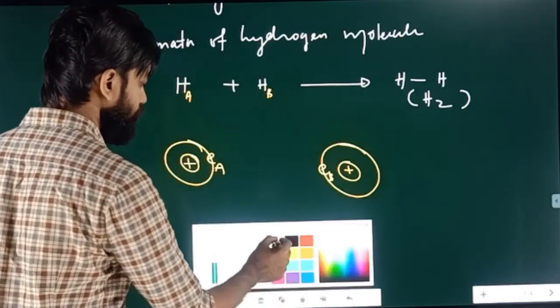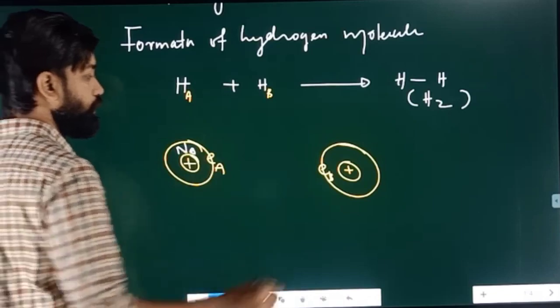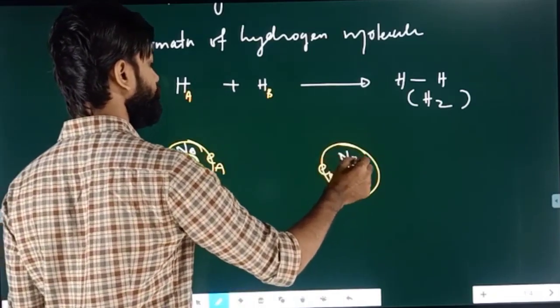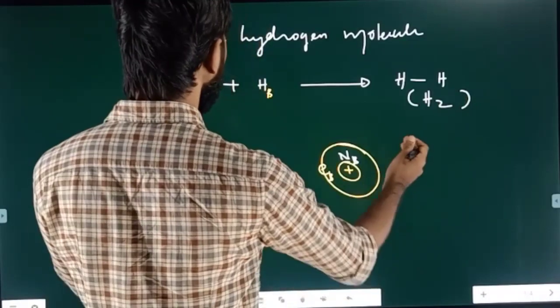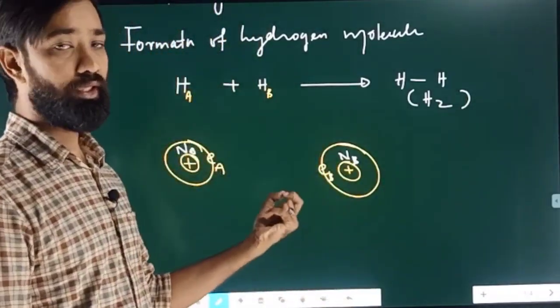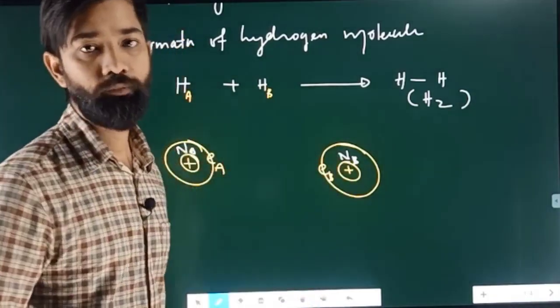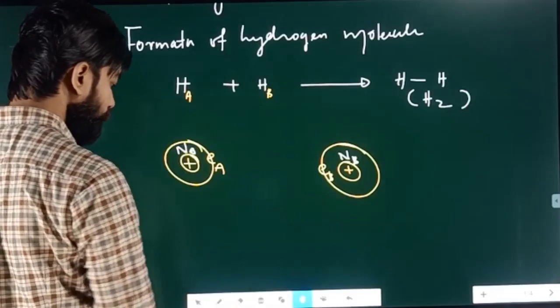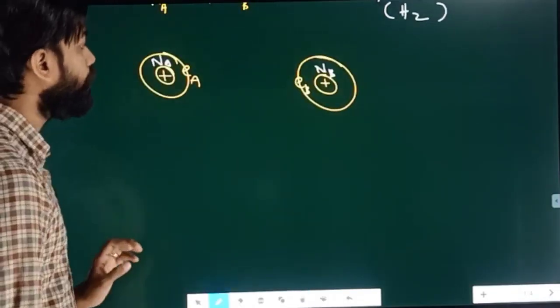The nucleus of the first, let it be Na with a positive charge, and this one is Nb. If these two atoms are at an infinite distance, when they come closer, at a particular distance, they make a bond. That is the bond formation concept.